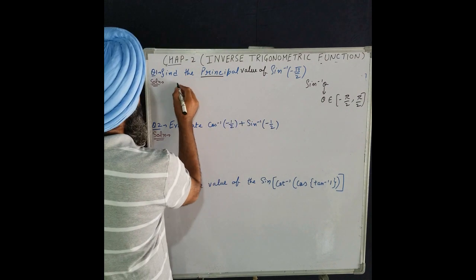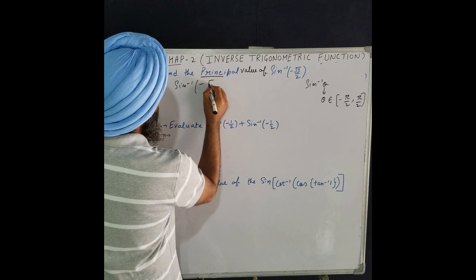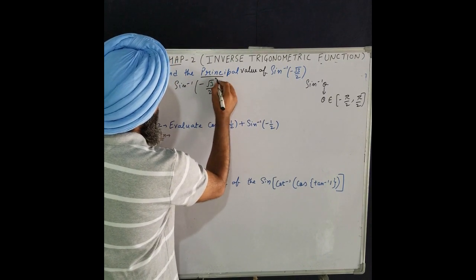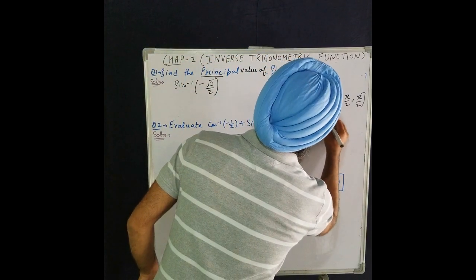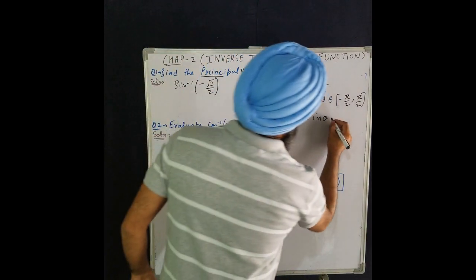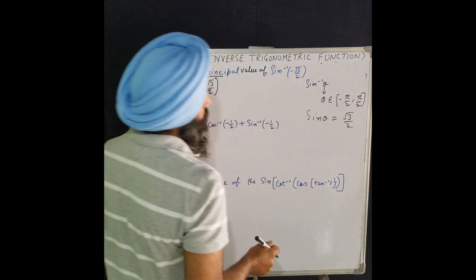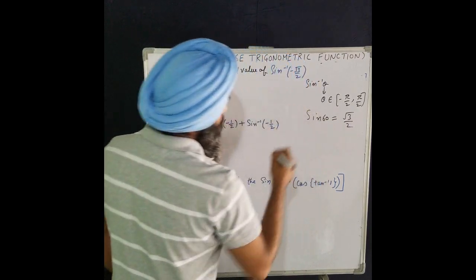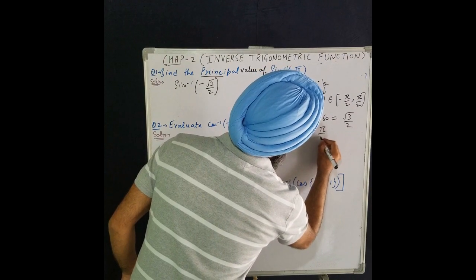Now, sine inverse of minus under root 3 by 2. You have studied in class 10th that sine theta equals under root 3 by 2 is only possible when theta is 60 degrees, which you may also write in radians as pi upon 3.